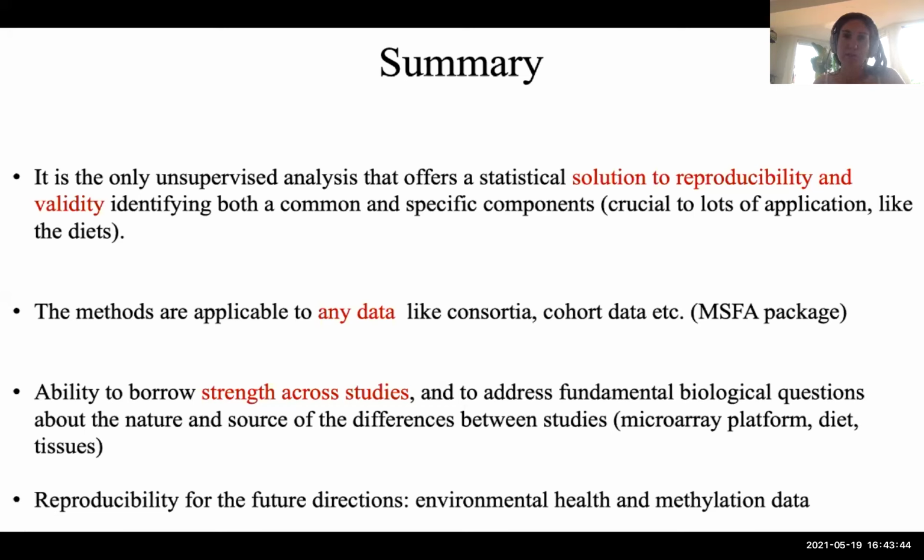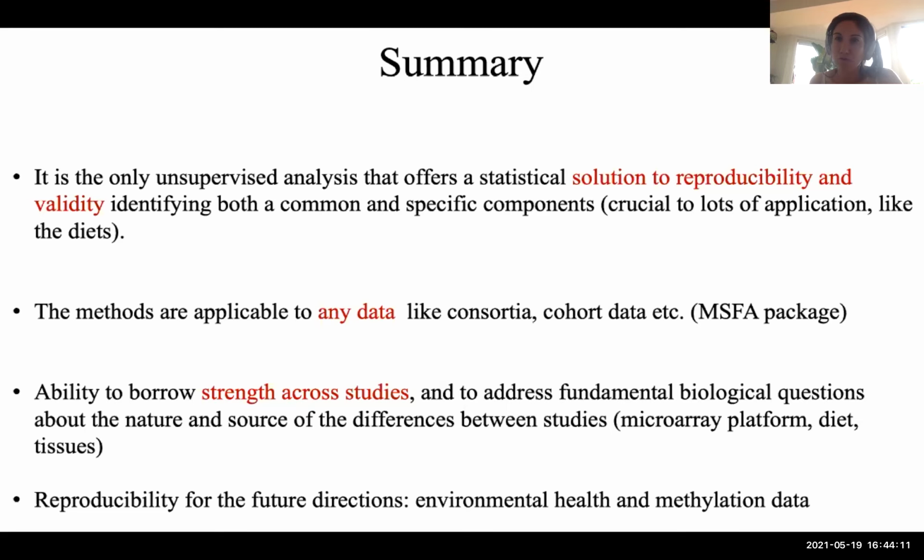And as you can see, the multi-study factor analysis is powerful compared to a standard factor analysis because, of course, it borrows strength across different studies and from these jointly analyzed studies.